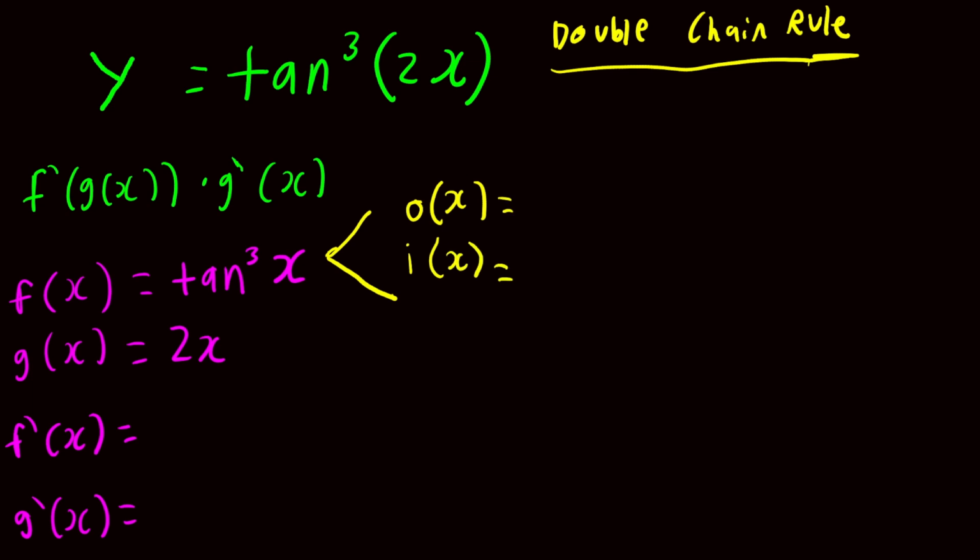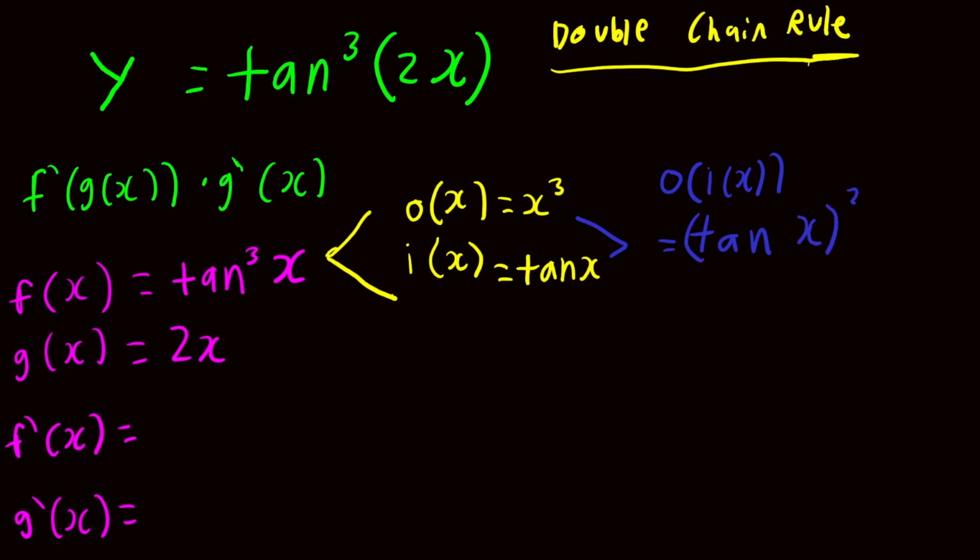Well, the inner function is tan x and the outer function is x cubed. Why? Well, because if it was o of I of x, right, it would just be tan x cubed, which is the same as tan cubed x. So that's how I know what my inner and outer functions are.